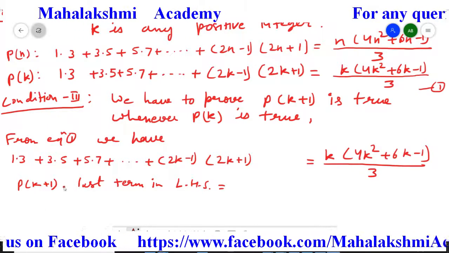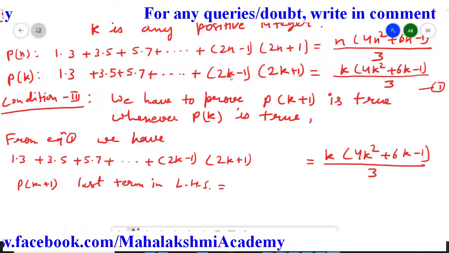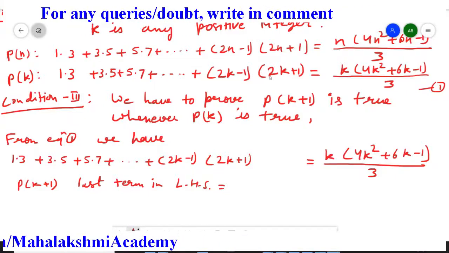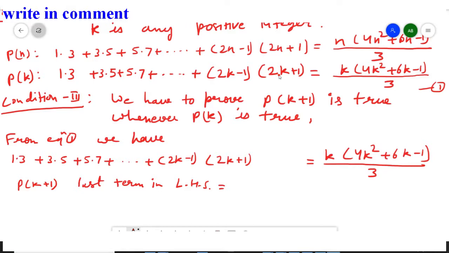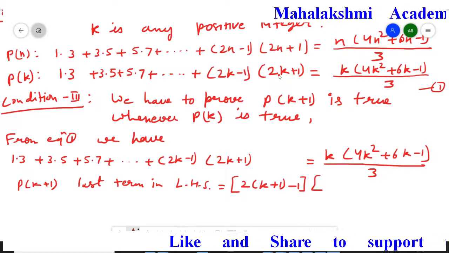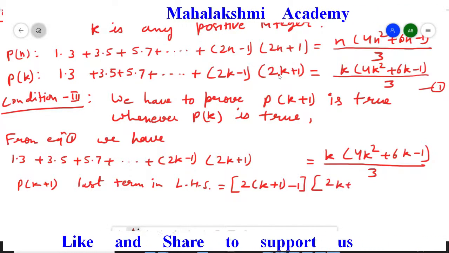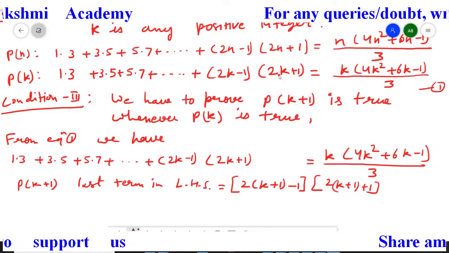So if we have k plus 1, here also we have to multiply 2 by k plus 1. So I am writing a big bracket: (2(k plus 1) minus 1)(2(k plus 1) plus 1). So this is going to be our last term.